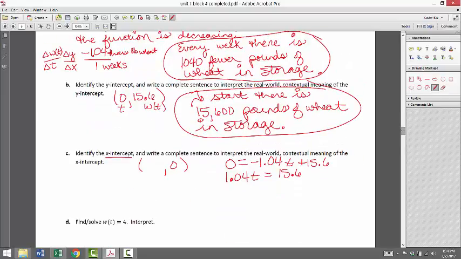We divide both sides by 1.04. Pop that in my calculator and I get 15. So when output w of t is 0, the input is 15. Again, interpreting what that means, the input t is 15, the output w of t is 0. They're saying after 15 weeks, there's 0 pounds of wheat remaining in storage.